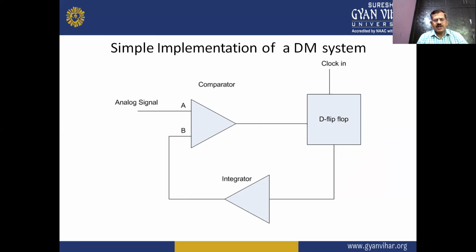The comparator compares these two signals, and the output of the comparator is fed to the D-type flip-flop, which also receives a clock signal. So this is the simple implementation of a delta modulation system in which a comparator, an integrator, and a D-type flip-flop are used.